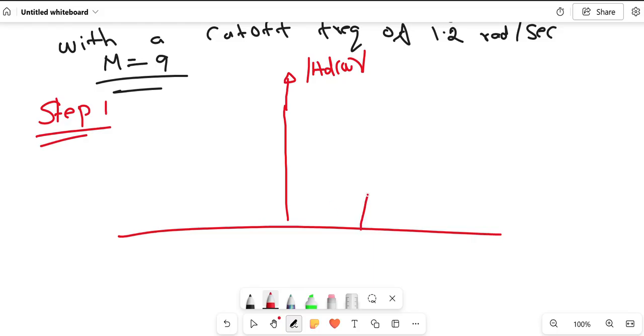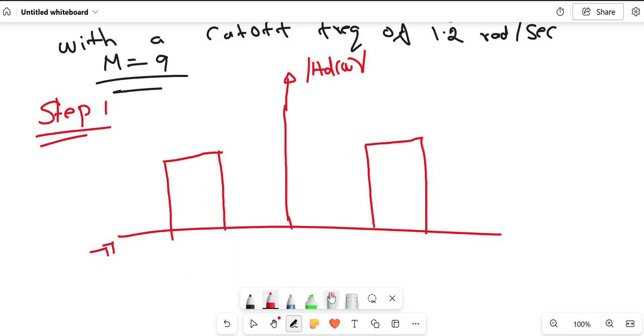So this side is minus pi, omega c to pi, minus omega c to minus pi.